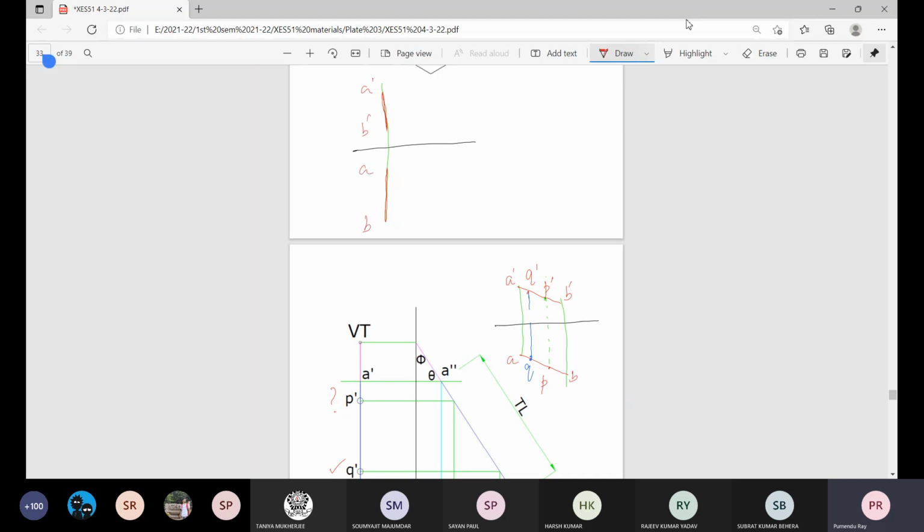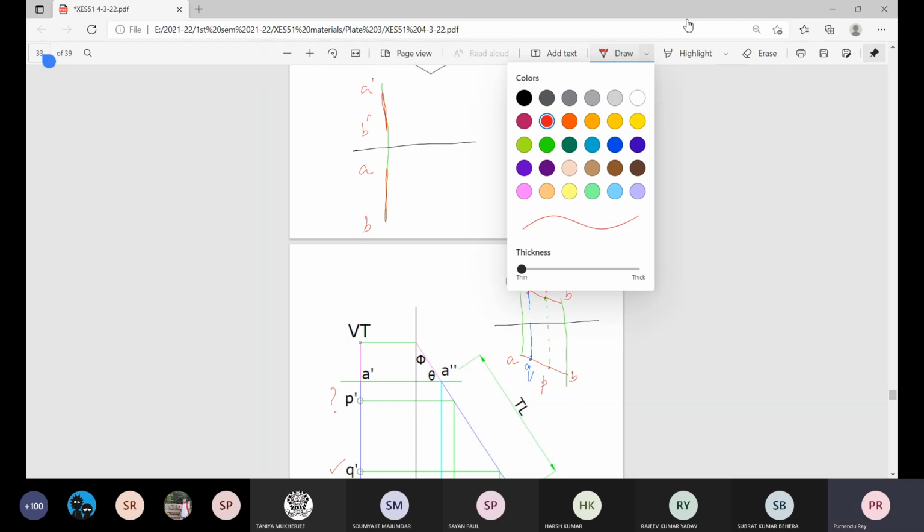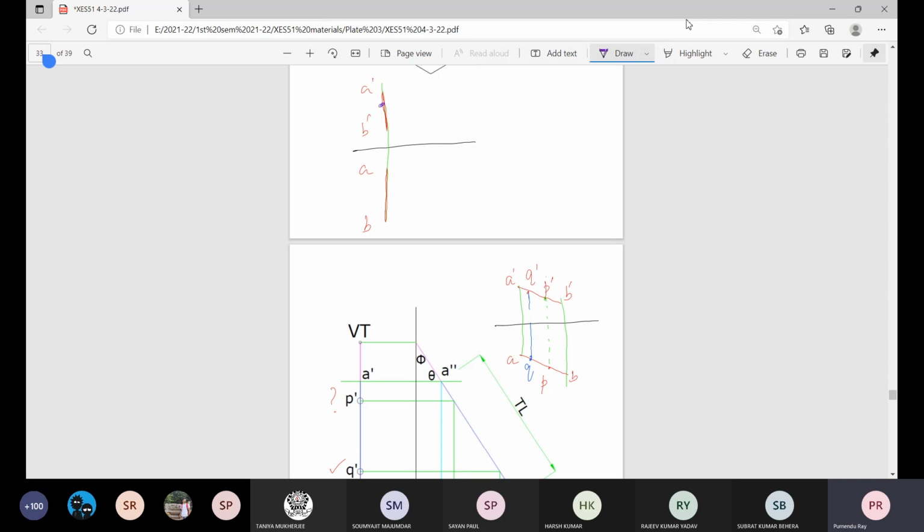Now, the method is: identify what is given. Suppose it is Q in elevation. Now, in the formal way, draw a projector through that elevation of Q. It will be simply drawing a line like this and getting the intersection with the plane.